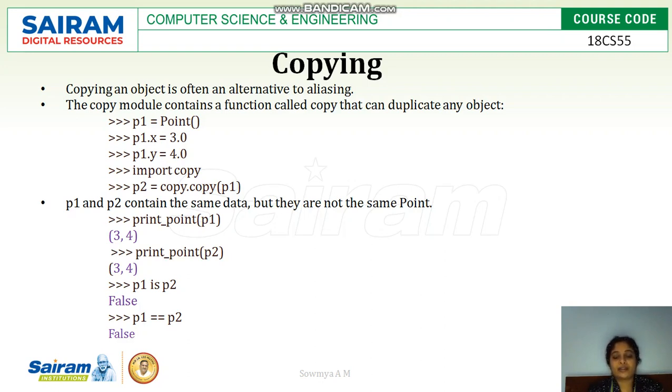It is very simple: create an object and import the copy method. The copy function creates a copy of the argument passed to it, and it may be assigned to one more variable name.